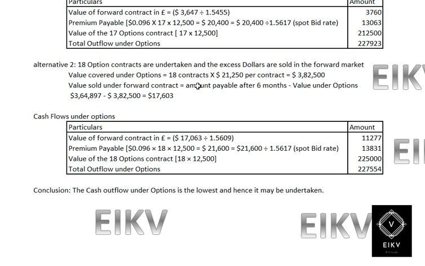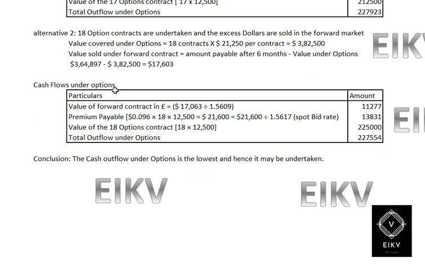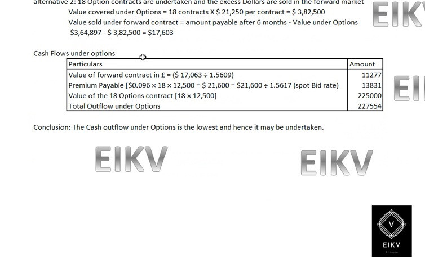The value sold under the forward contract will be the amount payable after 6 months minus value under option contract: 3,64,897 minus 3,82,500, which gives you 17,603 as the excess. So such amount can be sold.